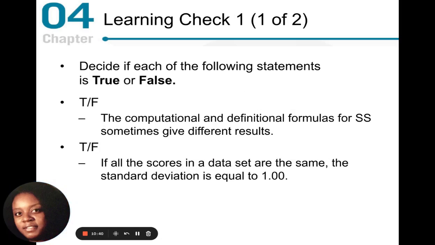Here are some true-false questions for you to answer. The first question is, the computational and definitional formulas for sum of squares sometimes give different results. And the second one, if all the scores in a data set are the same, the standard deviation is equal to 1. I'll give you a few moments to think about your answer choices.